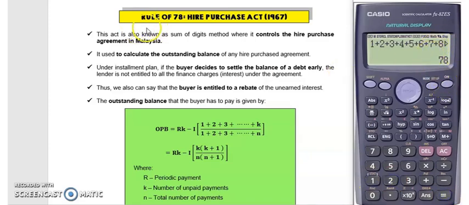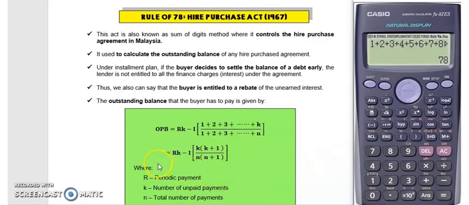So that is the idea behind the name Rule of 78. How to calculate the Rule of 78? OPB, which stands for outstanding principal balance, equals RK, R multiplied by K, minus I, where I is interest, multiplied by K plus 1, divided by N multiplied by N plus 1.